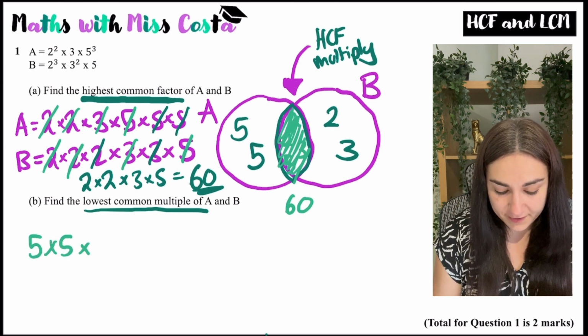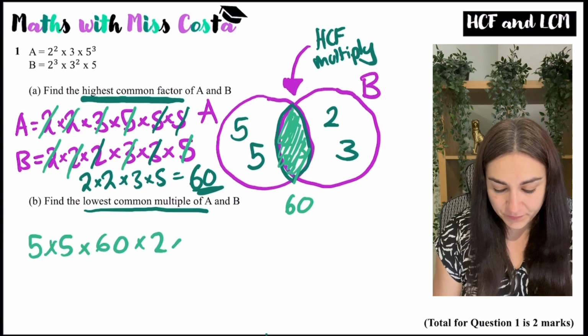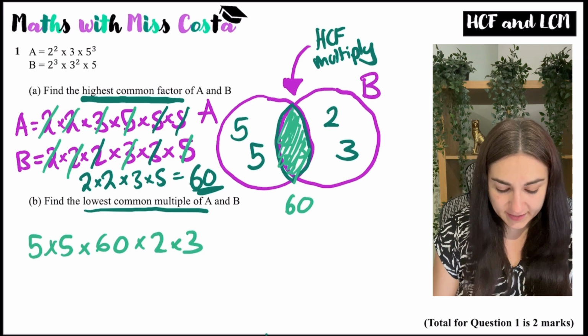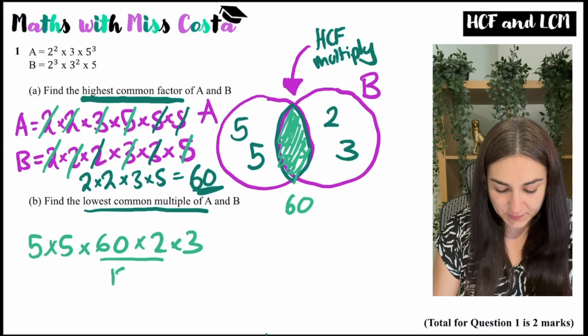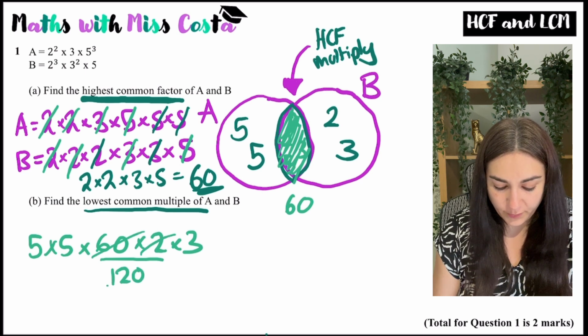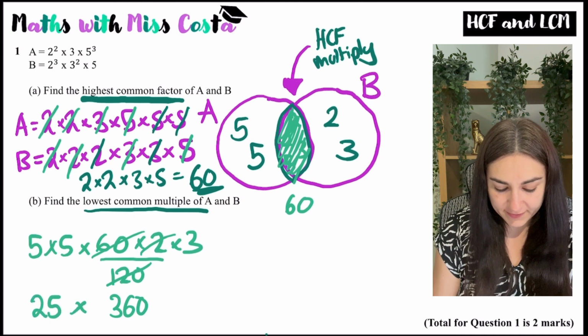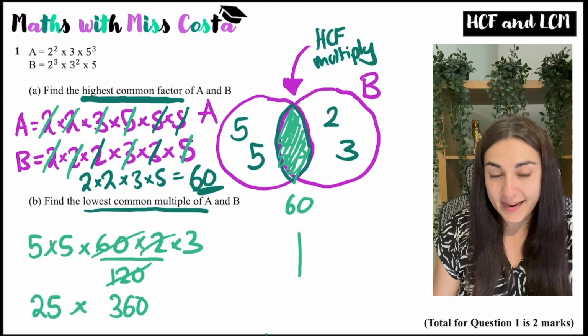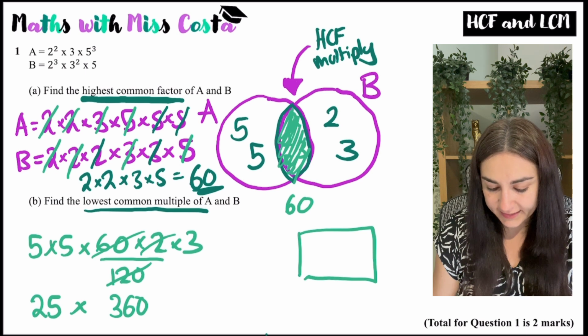So I'm going to do 5 times 5 times 60 times 2 times 3. So let's just simplify that as much as we can. That would get me to 120, and then 120 times 3 is 360, and 5 times 5 is 25. So I just need to work out what 25 times 360 is.